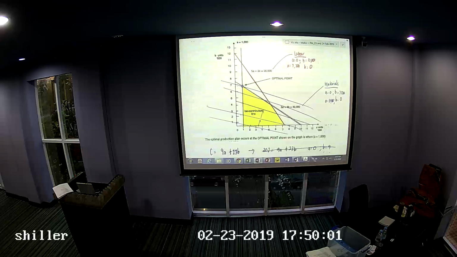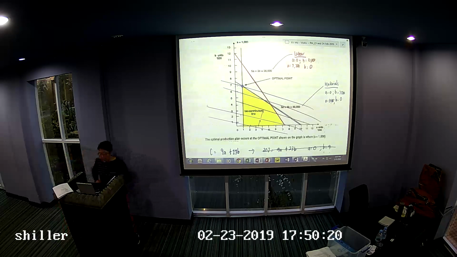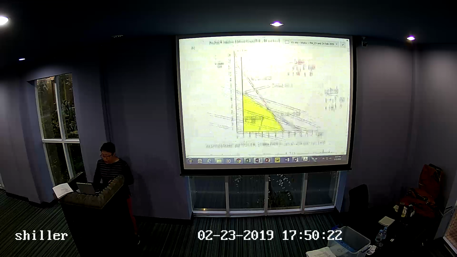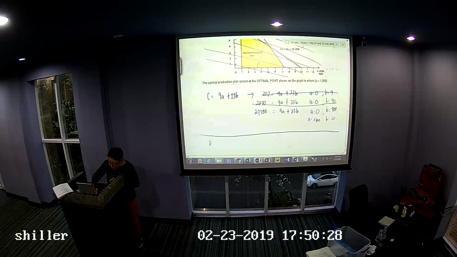Which two lines are crossing at the optimal point? Is it labor and materials? No. What is in that? Minimum supply and, oh, okay. So there are two equations at that optimal point. I will show you the optimal point.